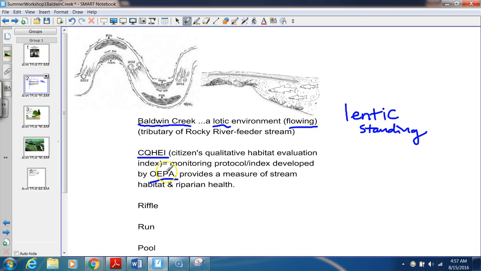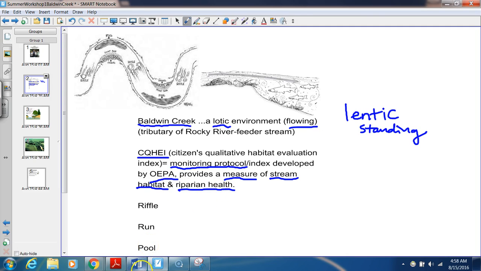So it's like official scientific data. With this one, we're just kind of being citizen scientists and contributing to a larger database for the scientists for the state. So this monitoring protocol provides us with different measures within which we check off the characteristics that the stream has, in-stream habitat, like in the water, and then even the surrounding land use.